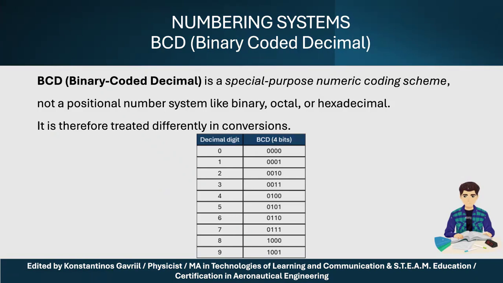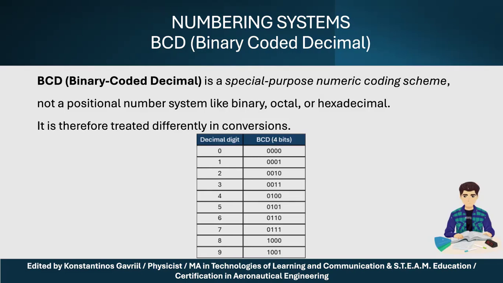It is a special purpose numeric coding scheme. Okay, it's not a positional number system like the binary, octal and so on. And you see, the decimal digit 0 is written in 4 bits, 0000. Number 1 is written again in 4 bits in a binary way, okay?